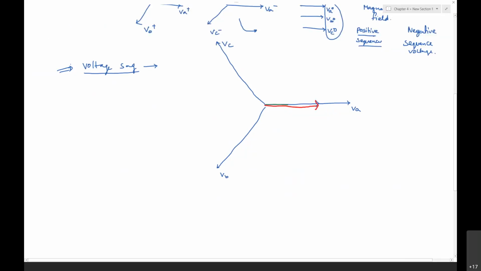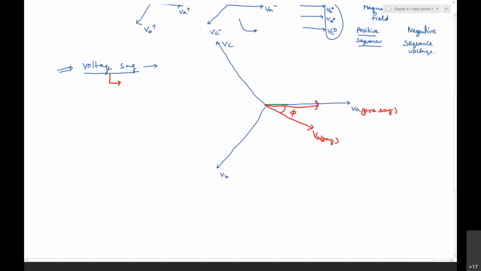Apart from the magnitude reduction, you will have the phase shift in the sag voltage. This VA is the pre-sag voltage, and this is the VA sag voltage. Apart from the magnitude reduction, there is a phase angle jump in the voltage.